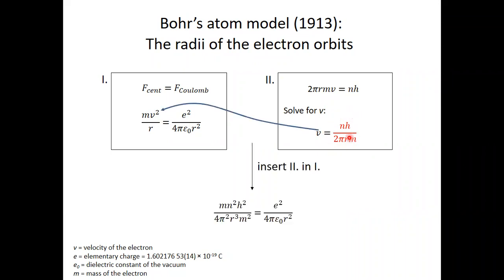Then the left side of this equation becomes m times n squared times h squared over 4 pi squared times r to the power of 3 times m squared. The right side of the equation remains, since we haven't done anything with it.